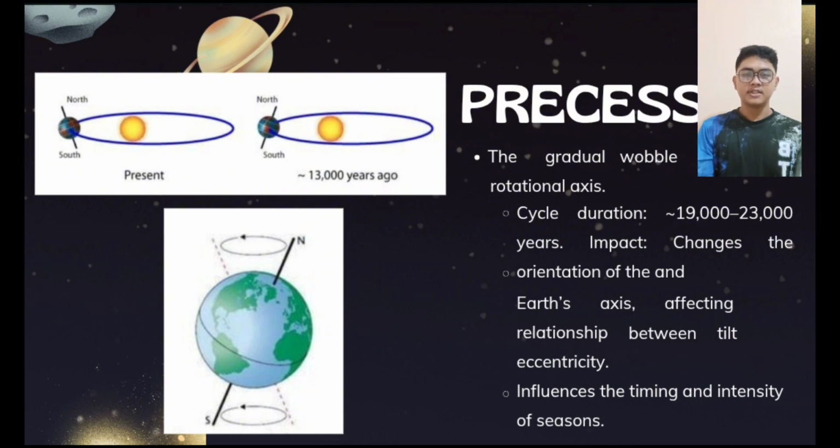The impact changes the orientation of the Earth's axis, affecting the relationship between tilt and eccentricity, influencing the timing and intensity of seasons, which changes the orientation of Earth's axis relative to its orbit, influencing the timing of the seasons and their intensity.